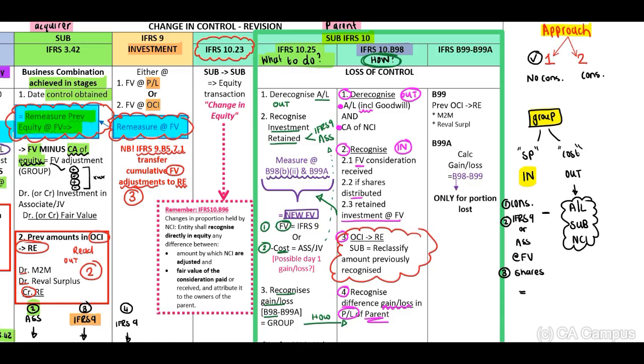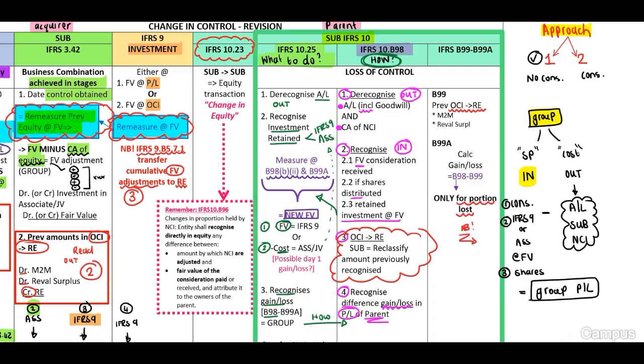And this will be your group profit or loss. Okay, then if you refer to the last column on the right side of your table, again it indicates previous amounts in OCI transferred to your retained earnings. And then B99A only for the portion lost, important.